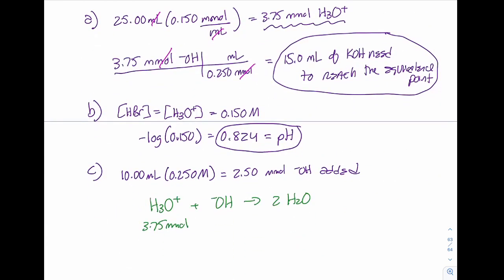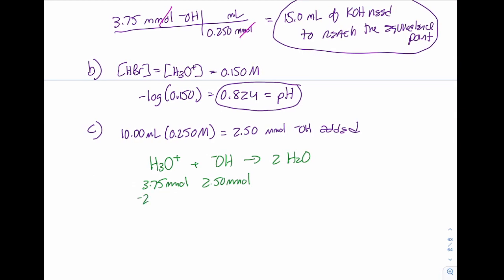I have 2.50 millimoles of base. Remember, we always subtract the smaller of those 2 numbers from both of the reactants. So my base goes to 0. And I have 1.25 millimoles of my strong acid in excess.